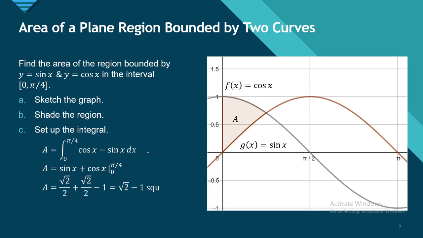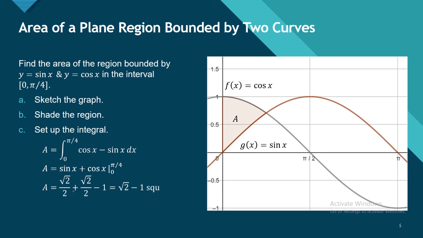The antiderivative of cosine is sine, and the antiderivative of sine of x is negative cosine of x. That's why it became positive: minus negative cosine of x will give you plus cosine of x, evaluated from 0 to pi over 4.